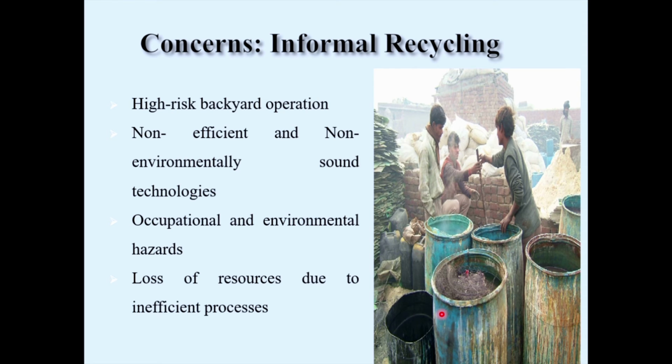Acids will be added and it will be heated. When it is heated, the plastic will melt and difuran and dioxin gases will be evolved, and by inhaling, they will be suffering from cancer, and the lifespan of these people will be decreasing. So this is one of the problems. This is a scenario of the unskilled personnel, how they are recycling the materials.